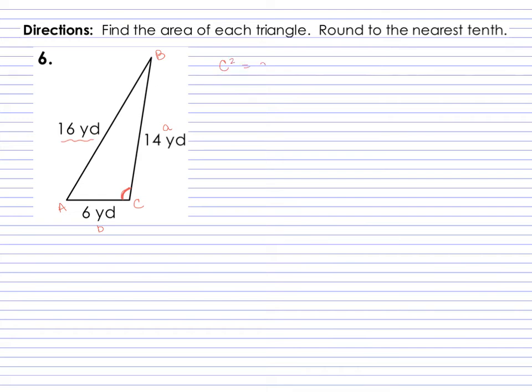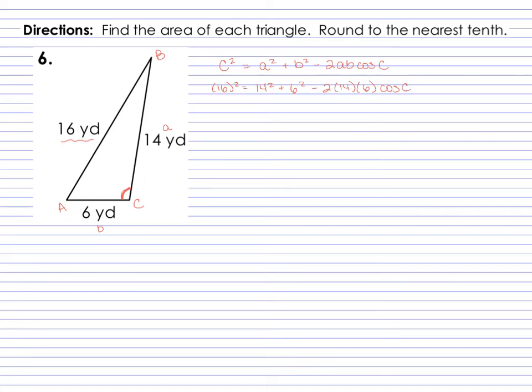So c squared equals a squared plus b squared minus 2ab cosine of C. We just plug in our values. So 16 squared equals 14 squared plus 6 squared minus 2 times 14 times 6 times the cosine of C.